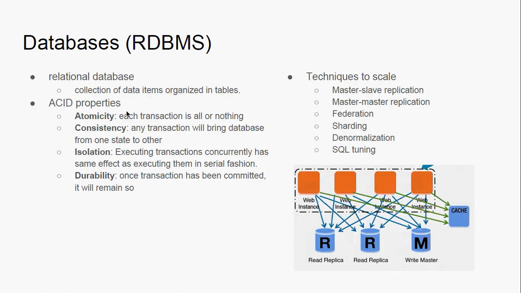Consistency: every time you do some update, it brings your database from one state to the other. Isolated, which means that though you submit a batch of requests, it will have the same effect as if they were executed in serial fashion. And durability, which means that once a transaction has been committed, it will remain so.